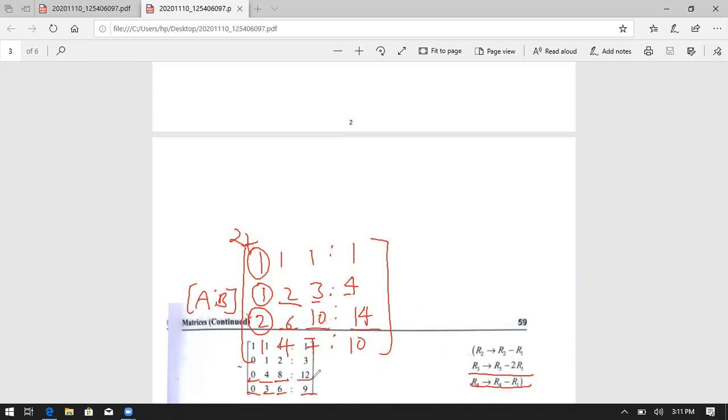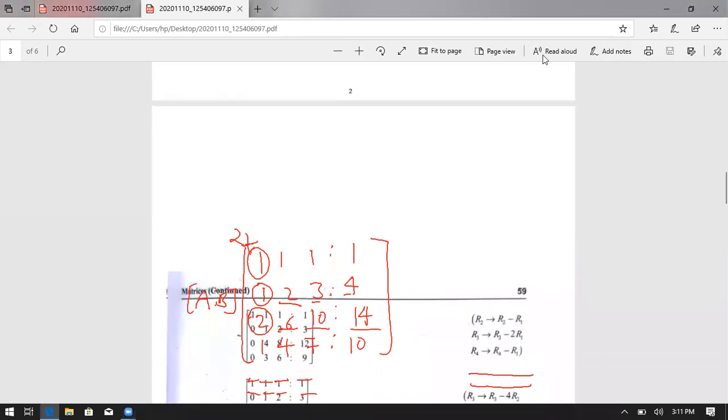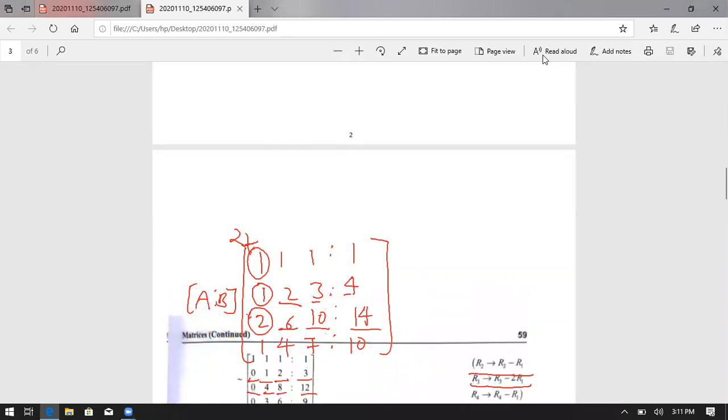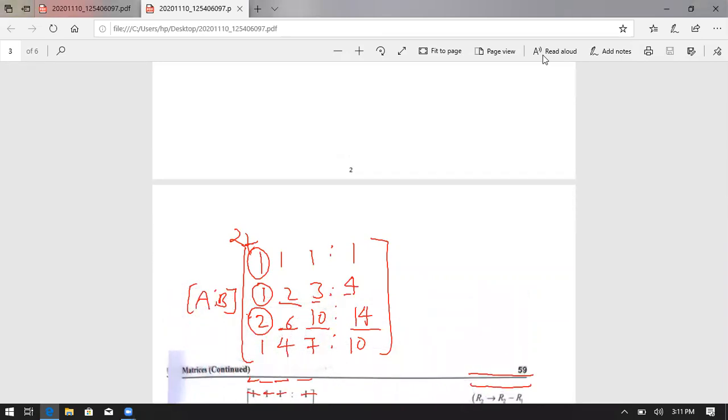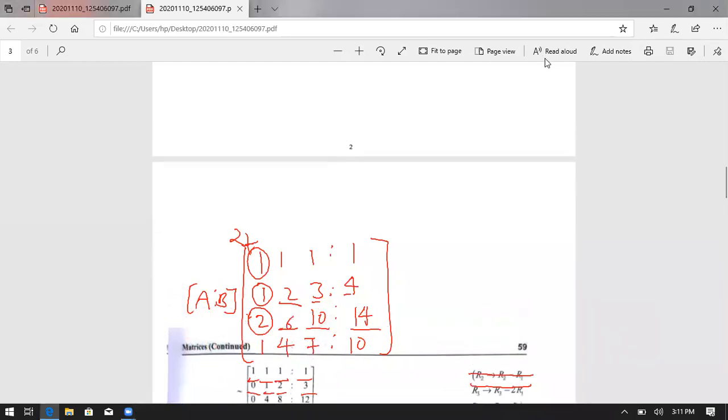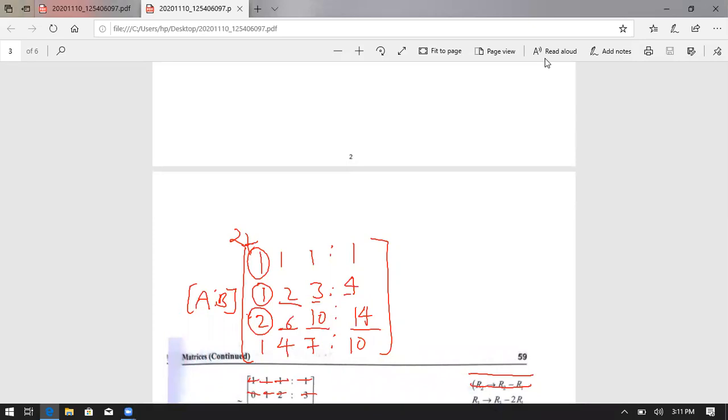Next comes the fourth one, that is R4. R4 is equal to R4 minus R1. R4 is 1 there.